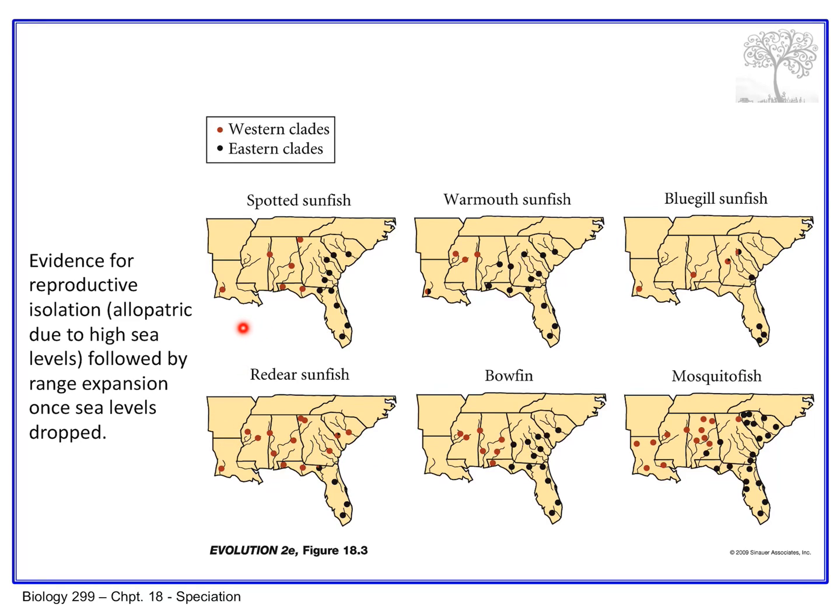And what you see in every single one of these 6 species is 2 separate clades. A western clade, shown by the orange populations, and an eastern clade, shown by the black populations here. In most cases, western Florida seems to be the divide between them, or at least a longitude line along that point.